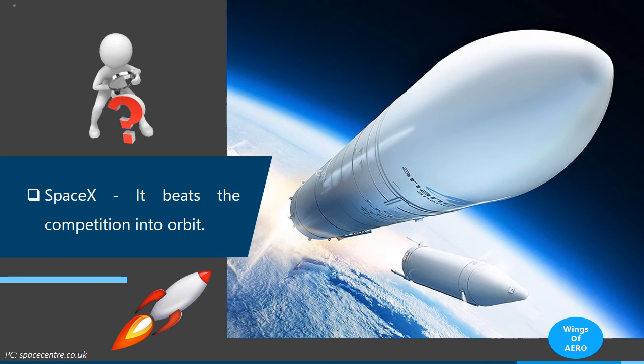It beat the competition into orbit. SpaceX shot ahead of the competition in 2010 when it became the first private venture to launch a craft that circled the globe, sending up a Dragon capsule that went twice around the world before parachuting back into the cool waters of the Pacific Ocean. The There and Back Again mission was a crucial stepping stone for the company on its path to sending a manned craft into the ether.